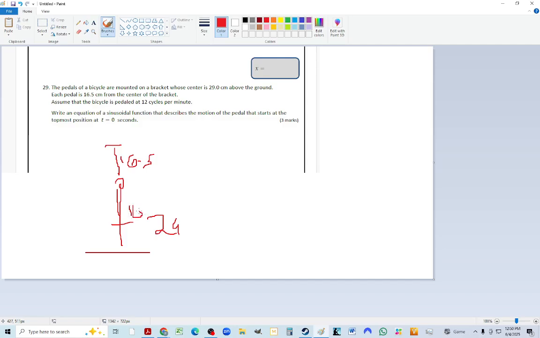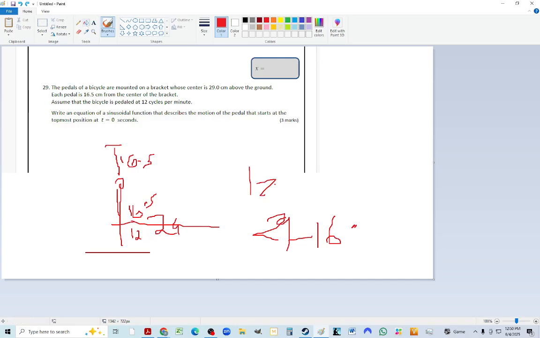Right away, I can see the pedal's min is going to be 29 minus 16.5, which is 12.5. And the max point is going to be 29 plus 16.5.